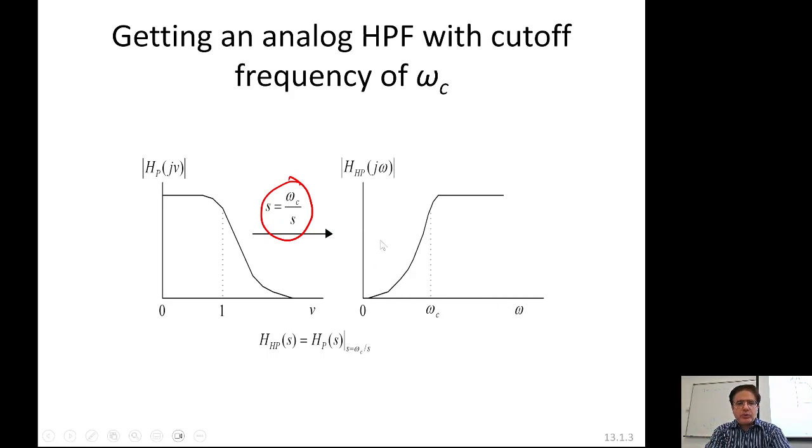What it will do is convert it into a high pass filter of the cutoff frequency omega c radians per second, and you can follow the same kind of derivation that we did earlier to verify that this is the case. Okay, clear? All right, good.